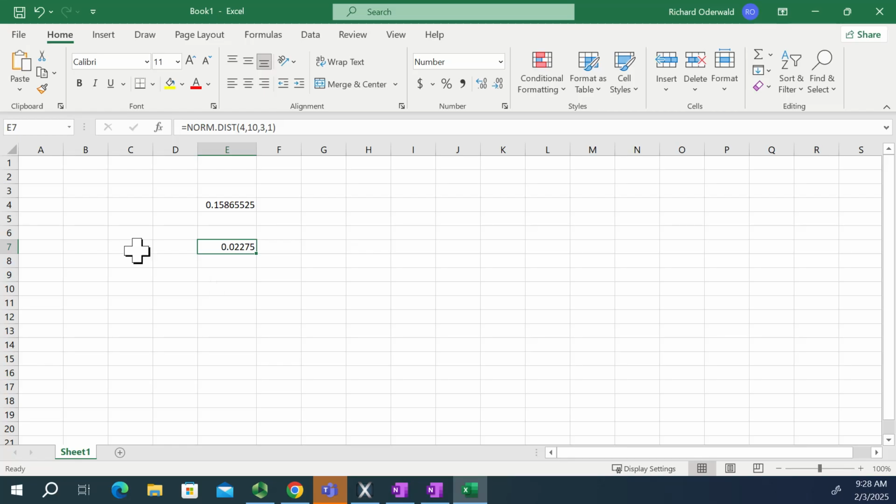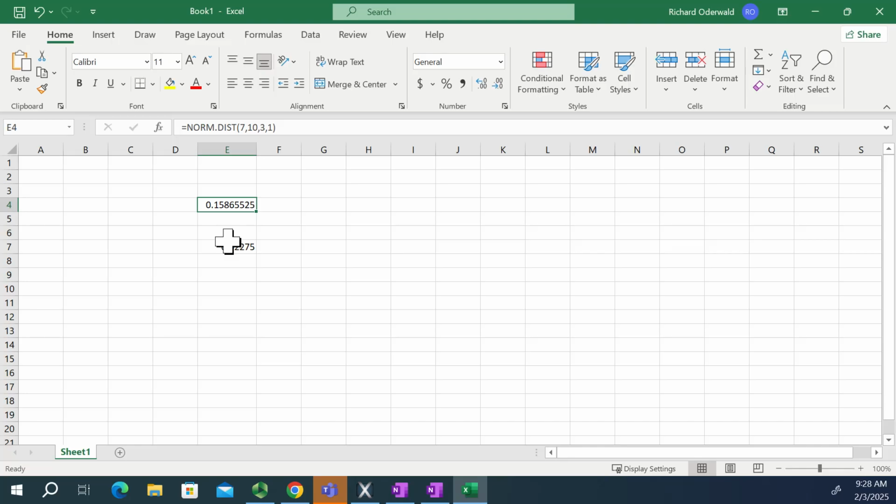What if I put in 7 and I get basically 16%, but now I want between 7, 1 down, and 13, 1 up. What is it between 7 and 13? 1 standard deviation down, 1 standard deviation up was how much? 68.